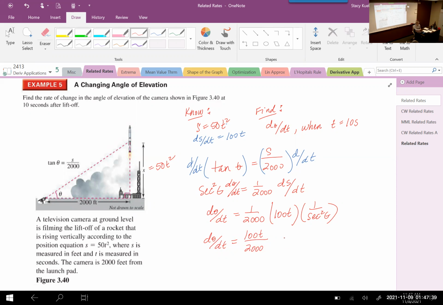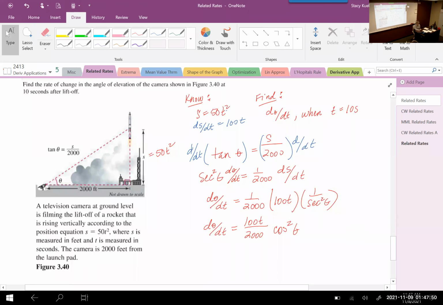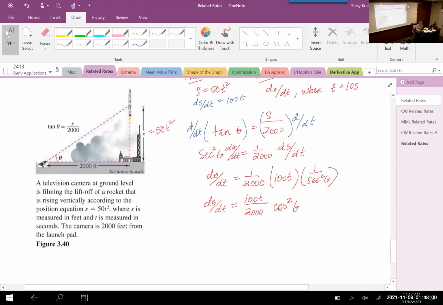What would it be? Cosine squared? Okay. So we know what t is. I need to figure out what cosine squared theta is. So how do I find cosine squared theta using the figure that I have over here? How do I find cosine of theta?